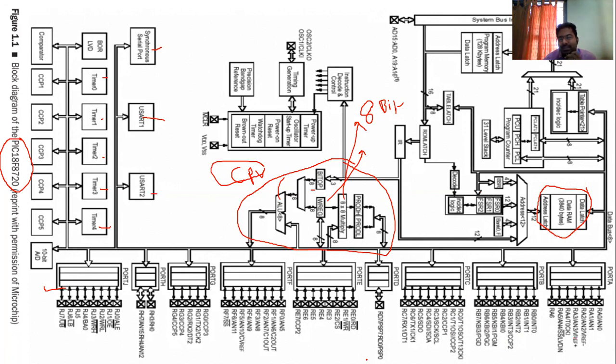The only change is these ports; the number of ports changes. The remaining CPU structure, program memory, data memory, as well as the timers, the USARTs, and the pulse width modulation techniques, are almost all the same. The main change is the number of pins. If the pins increase, the number of ports also increases.